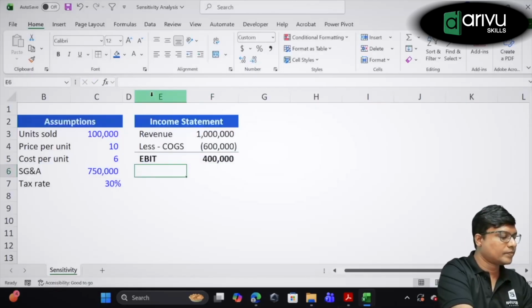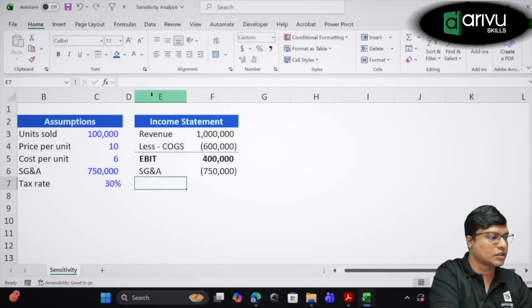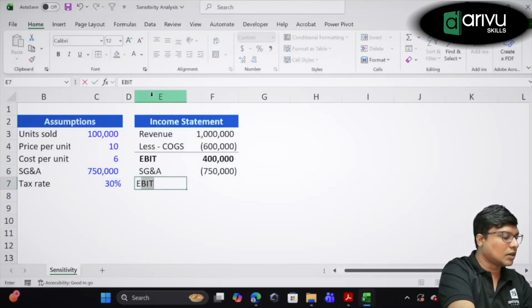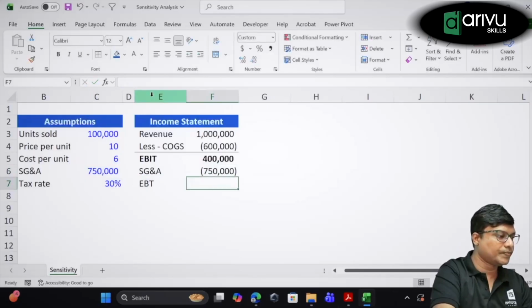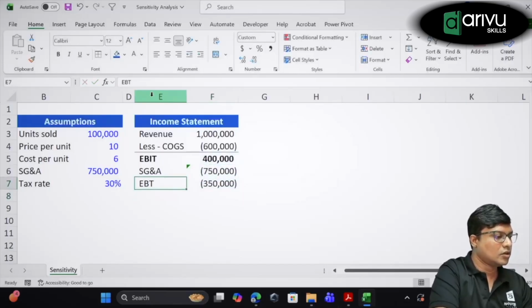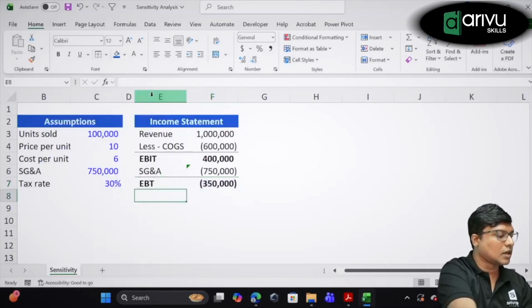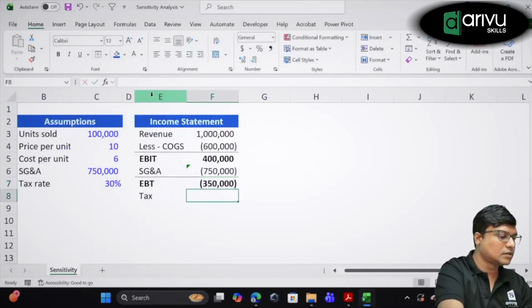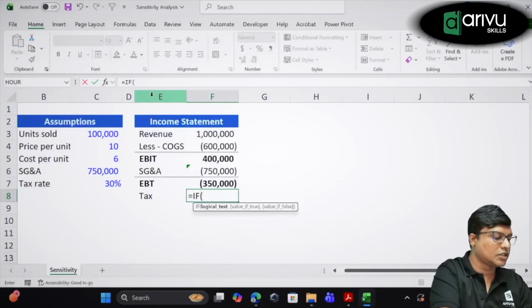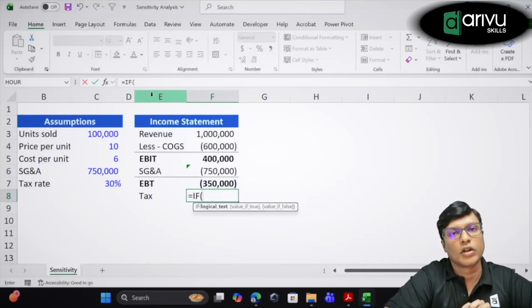Then selling, general and administration expenses are already given in the info, so I use the minus sign and link the expenses. Then calculate the EBT value and bold it. Then calculate the taxes. Apply the if condition, because the taxes will be paid only on the profits and not on the losses.